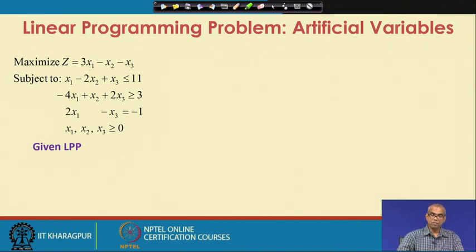We have already stated that if you have a linear programming problem with all constraints of less or equal to type, and the right hand side constants are positive, then you will always get an initial basic feasible solution, because the introduction of the slack variables will give you an initial basic feasible solution.